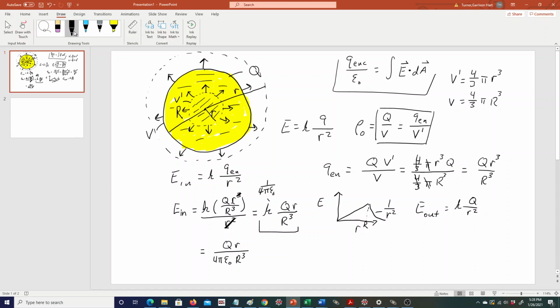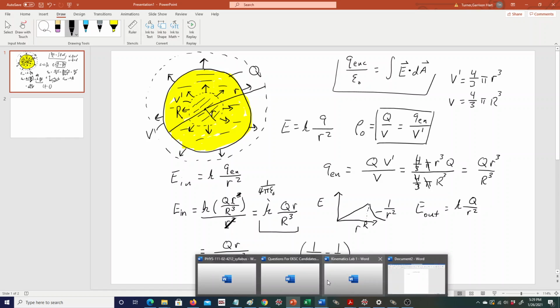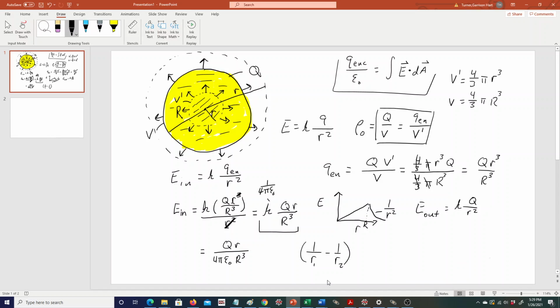It's your total charge divided by the ratio of your variable, your Gaussian radius, divided by the total radius cubed. Okay? So that is how you get that problem. You don't need any of these types of terms in your expression for this problem. Okay? You don't need any of that. It's purely this form inside. Okay?